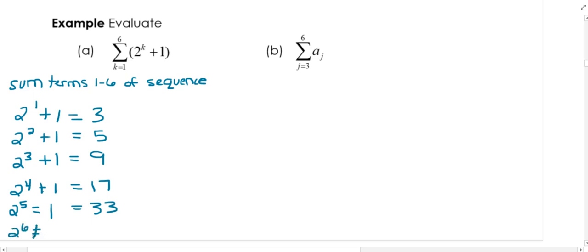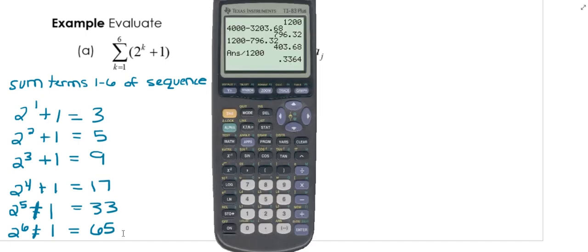Oh, that should be plus 1. We got plus 1, 65. Okay, so we get the first 6 terms, and then we add them together. So we do 3 plus 5 plus 9, 17, 33, 65. So we get 132.